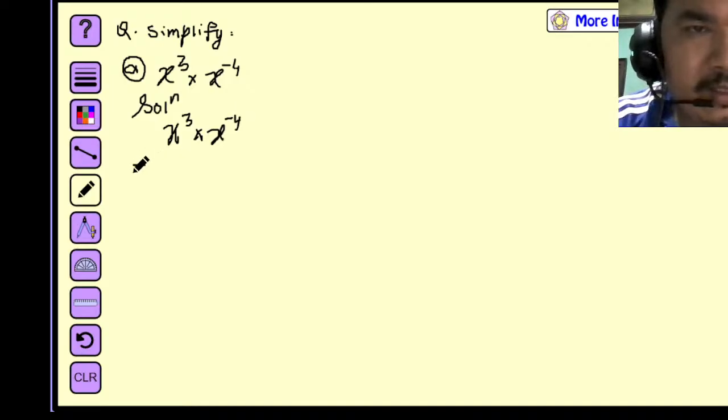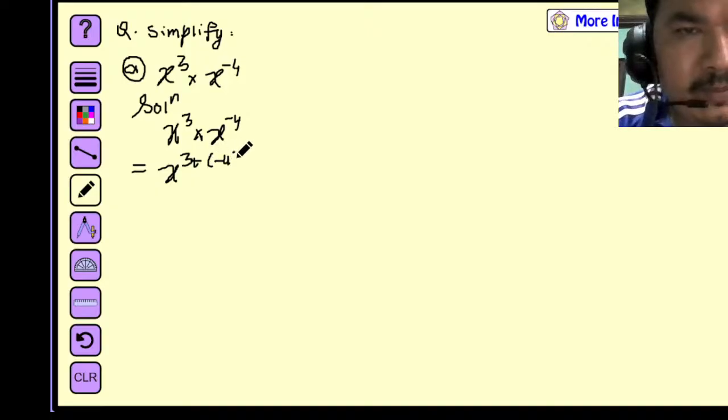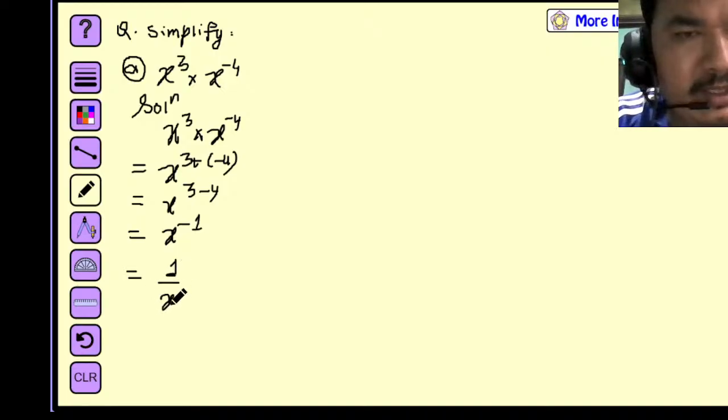Then we need to write only one x, with the powers 3 plus minus 4. Then x to the power, what will this be? 3 plus minus 4 is minus 1. Then the answer comes x to the power minus 1. If a negative answer comes, convert it into positive: take it down, then it will be x to the power positive 1. It means the answer is 1 by x.